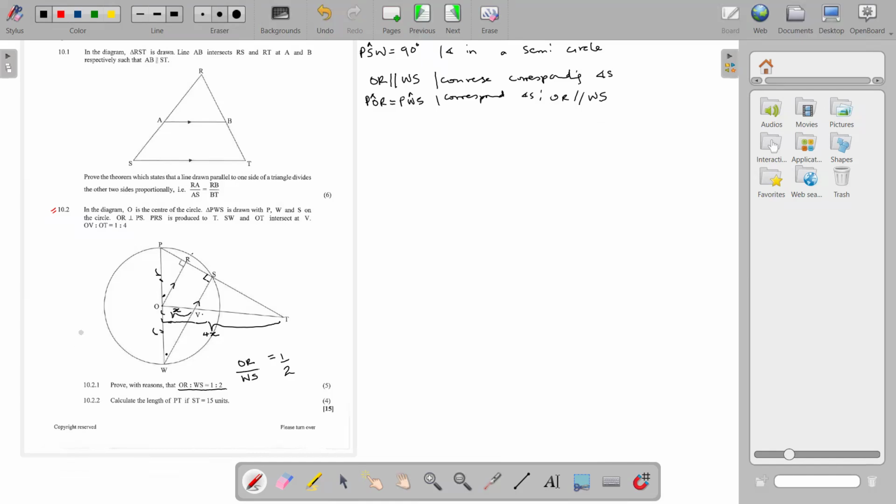So it's now proven that this angle is equal to this angle and this angle is equal to this angle. And this angle, as we can see, it's common. Once we have proven two, we can just put it that angle P is equal to angle P. It's common.